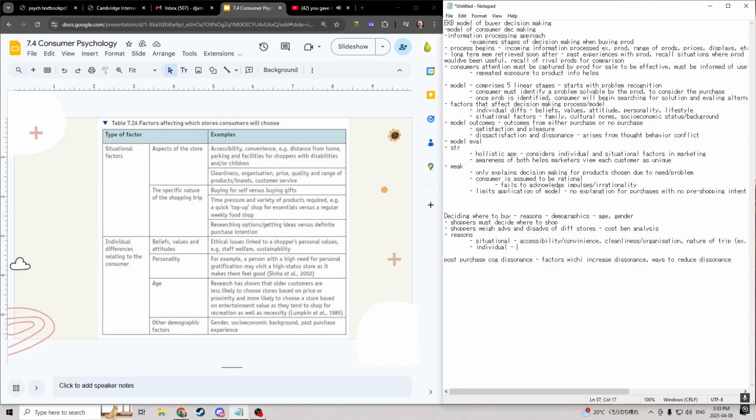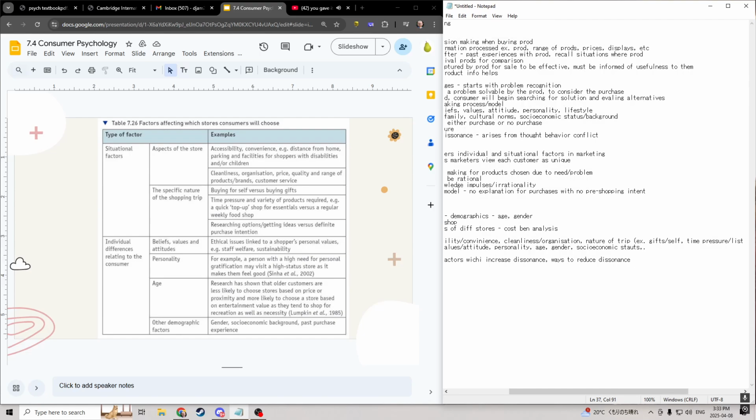Beliefs, values, attitude, personality, age, gender, socioeconomic status, past experiences.